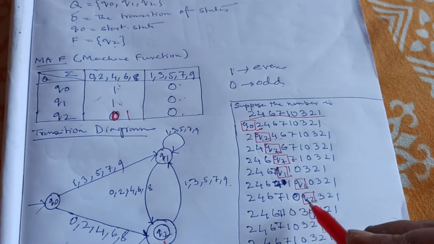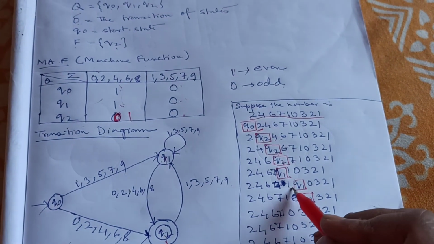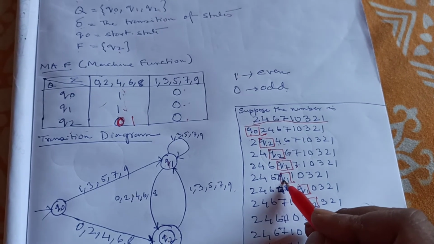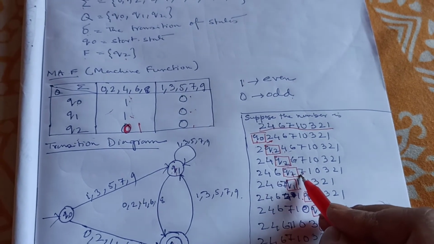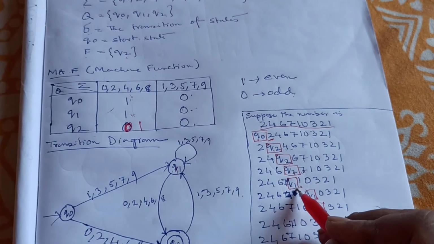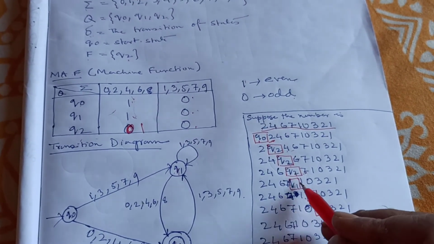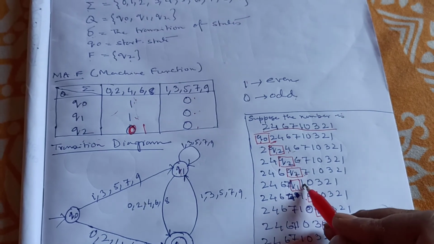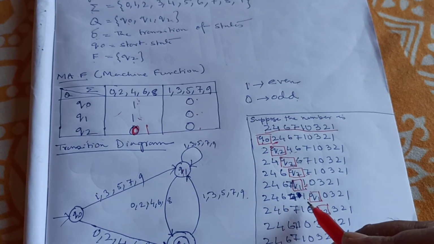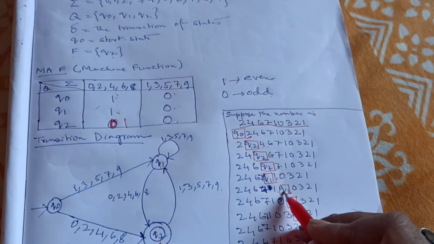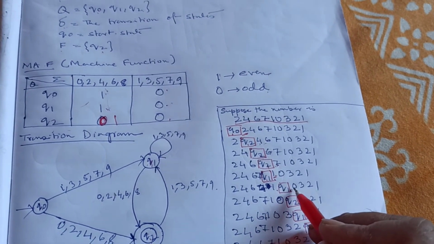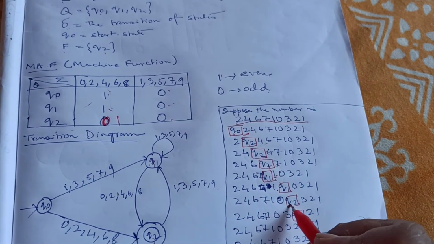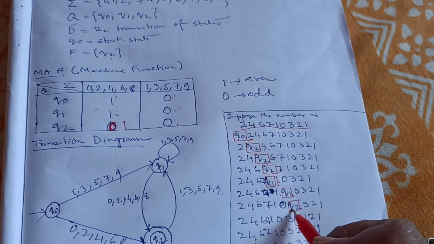Now we are in state Q2, the next input is 7, so it should move to Q1. Next I'm in Q1 and the next input is 1, so it should stay in Q1. Now I am in state Q1 and I get 0 as input, so I should move to Q2.